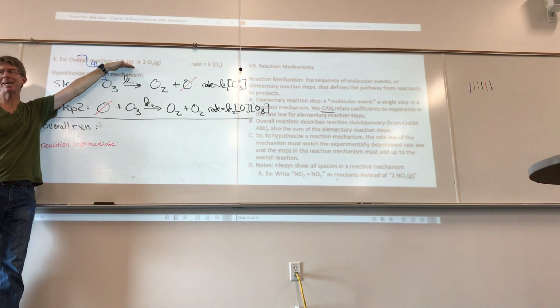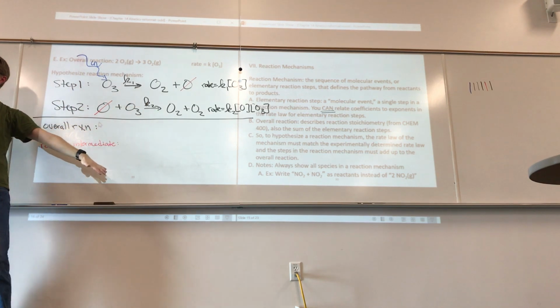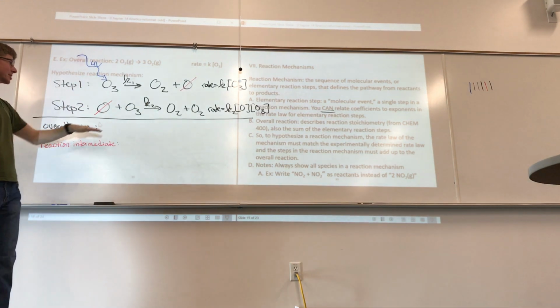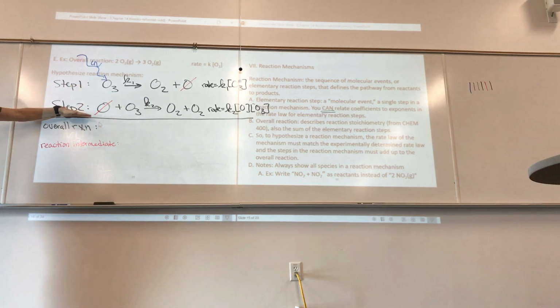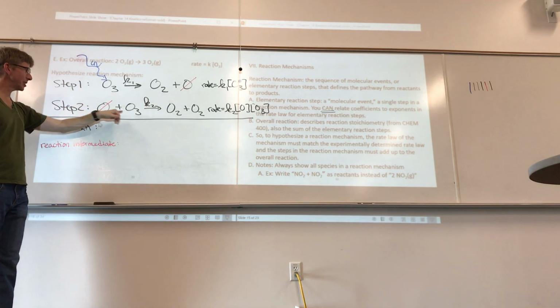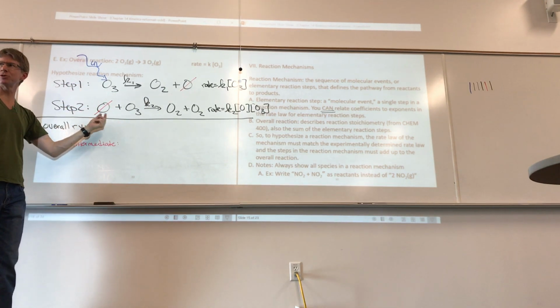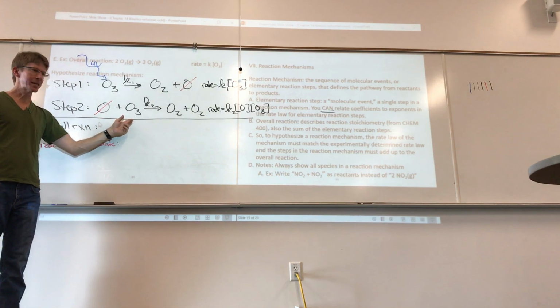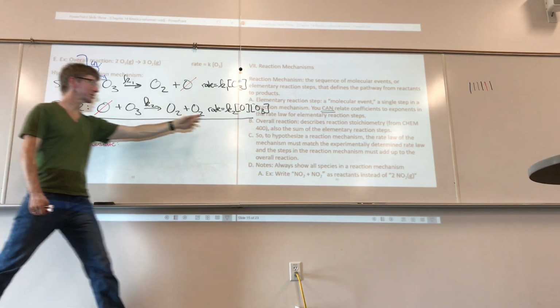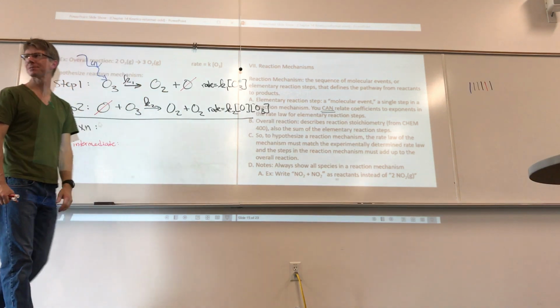This does not say how on a molecular level this reaction occurs. And that's what we're getting into now. And that's a fine point. For reaction mechanisms, coefficients are exponents.